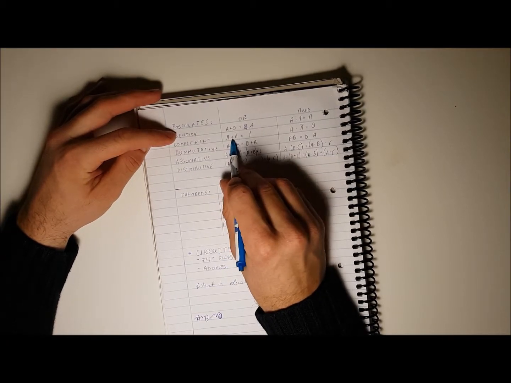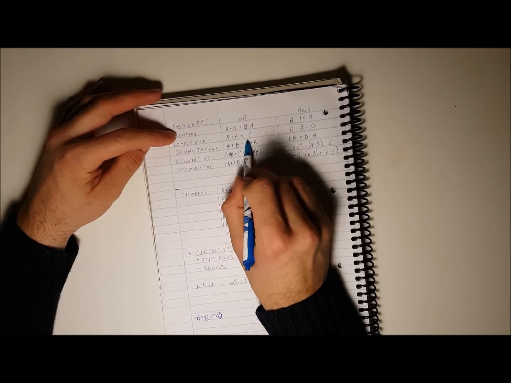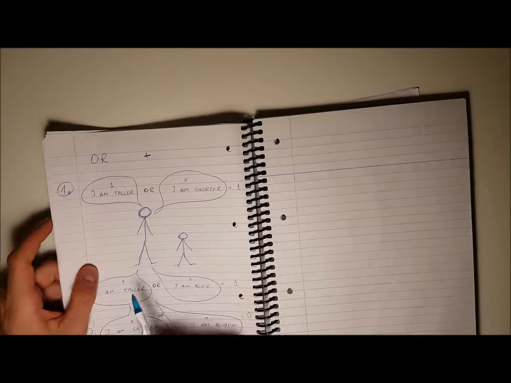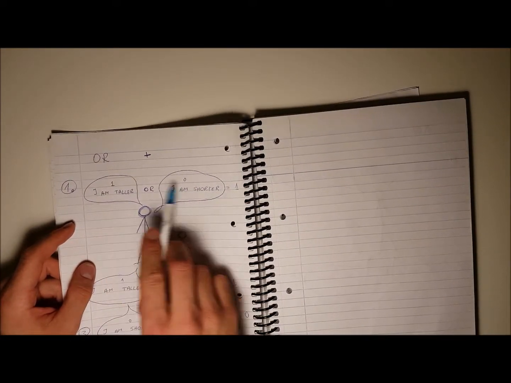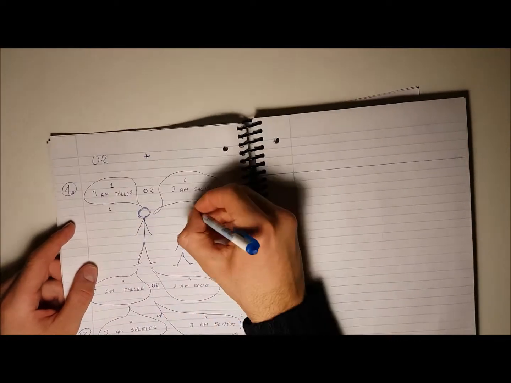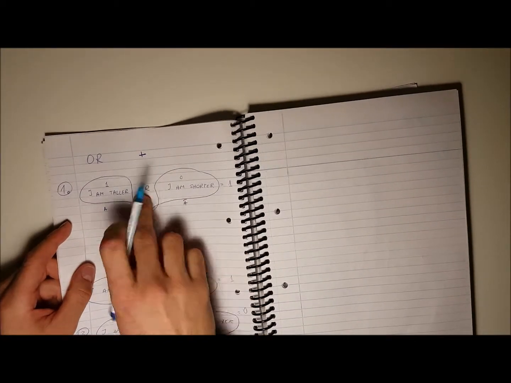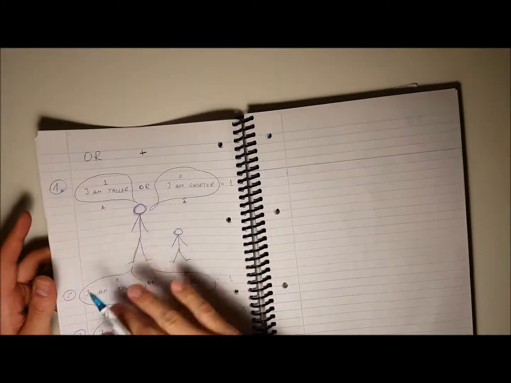And then if you look at this one, if you OR something with its opposite, with its not, then it's always true. It's the same situation as with the guy who is saying, I'm taller or I'm shorter. These two are opposite to each other. This is A and this is not A. If you OR it, it will always be 1, because either way, one of them is 1.